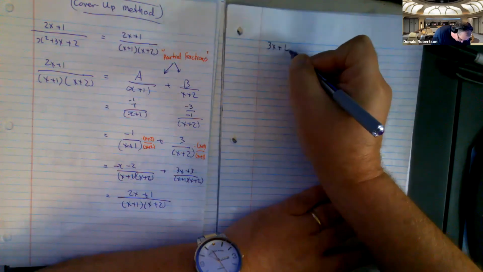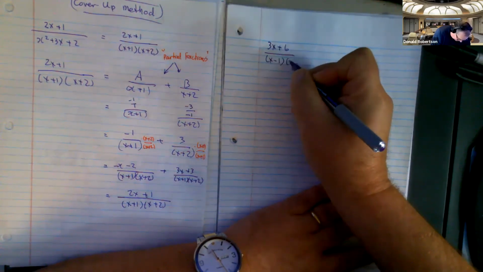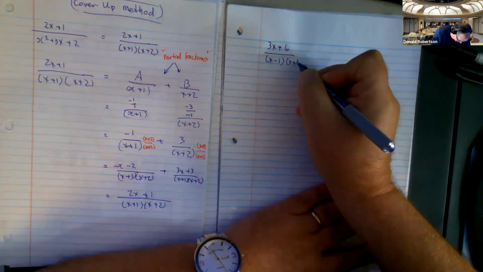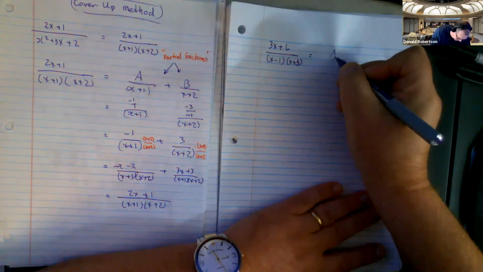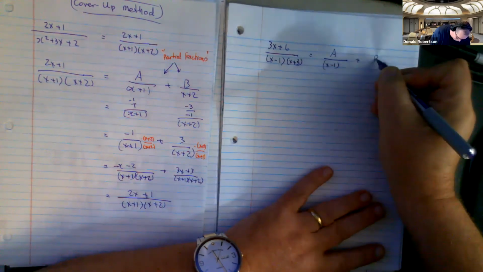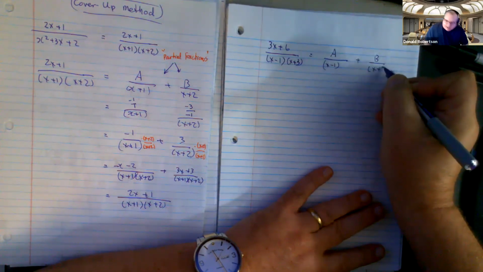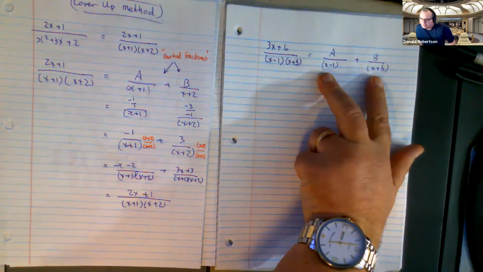3x plus 6 over (x minus 1)(x plus 3). Now that's going to split as an A over x minus 1 plus a B over x plus 3. Are you happy about how you split the partial fractions? So that seemed pretty intuitive, the two pieces.